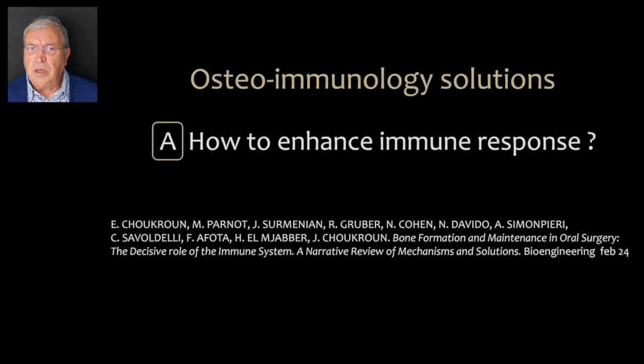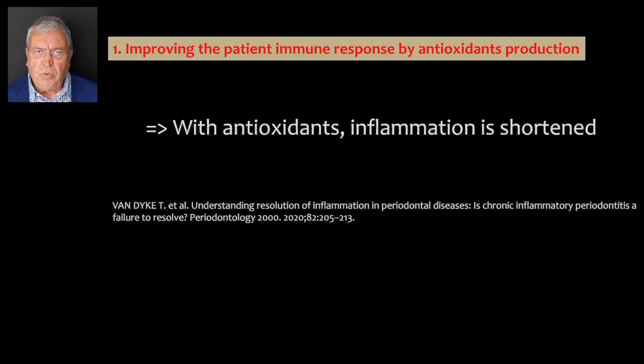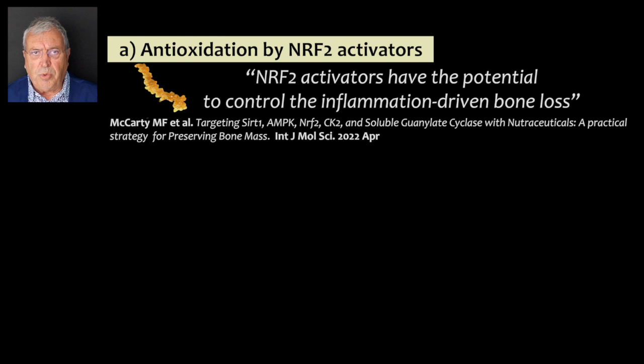How to enhance immune response? We know that if we want to do that, we need to increase the antioxidants in order to shorten the inflammation. This is the way. We know the nuclear-related factor 2. We need to activate this protein.